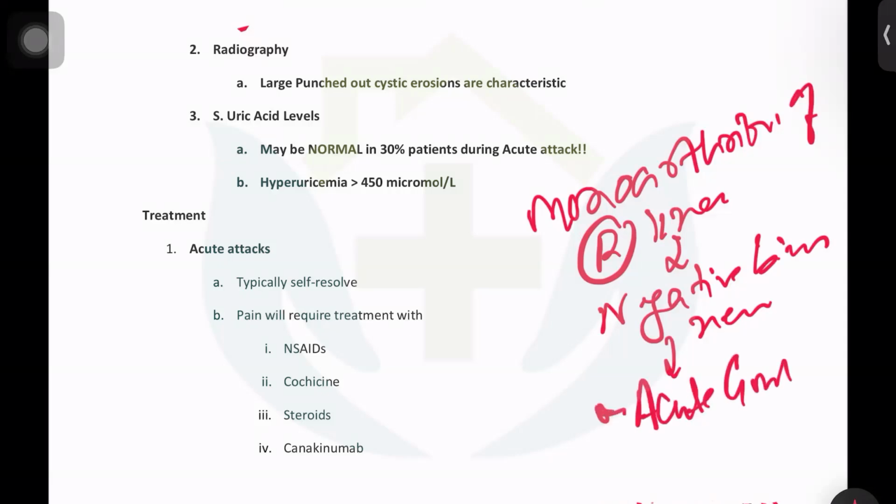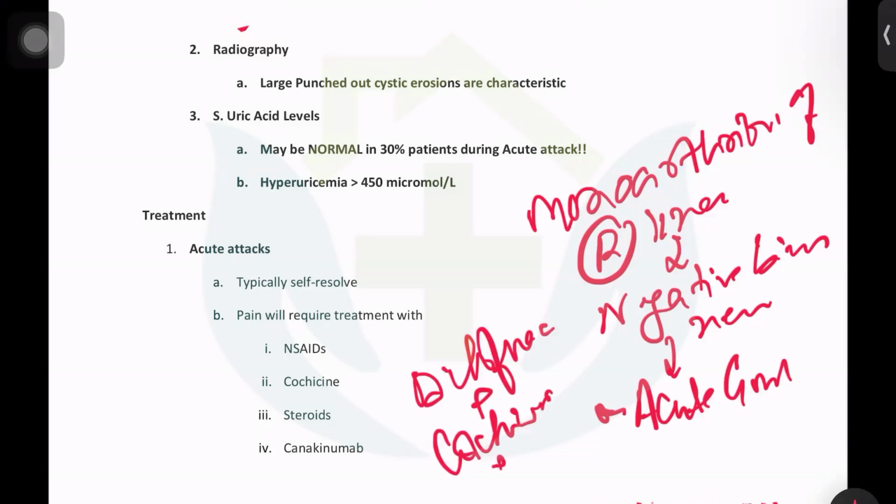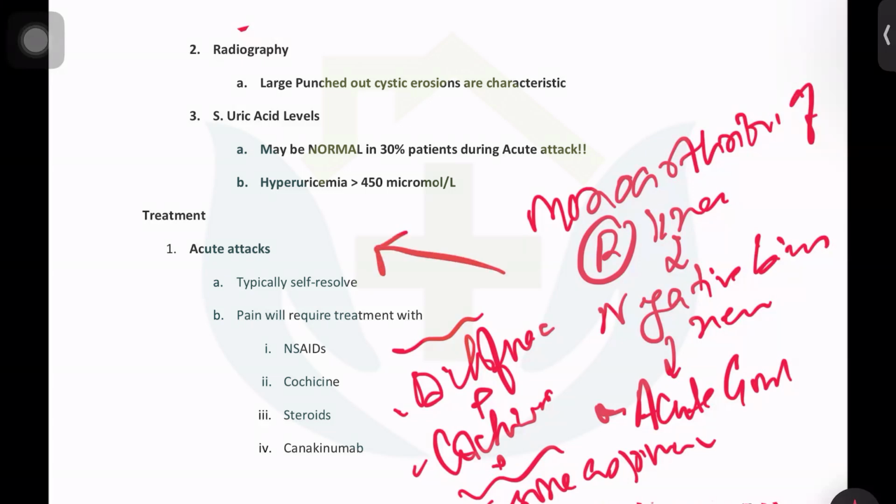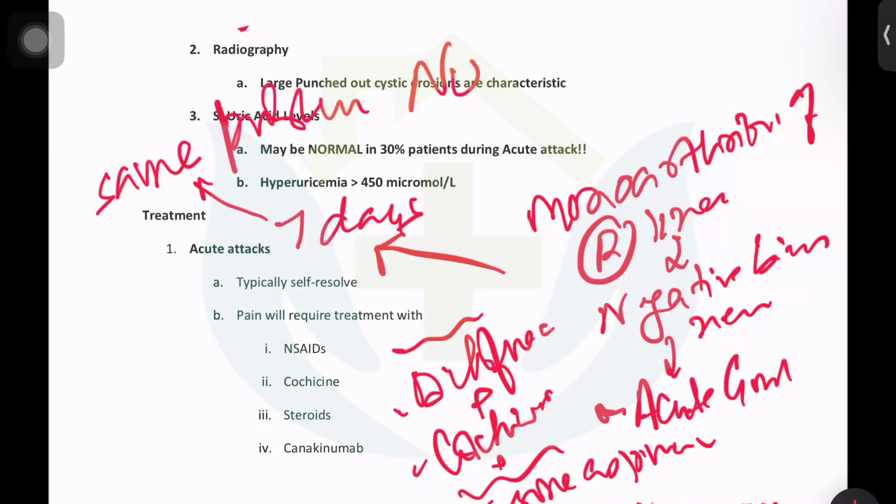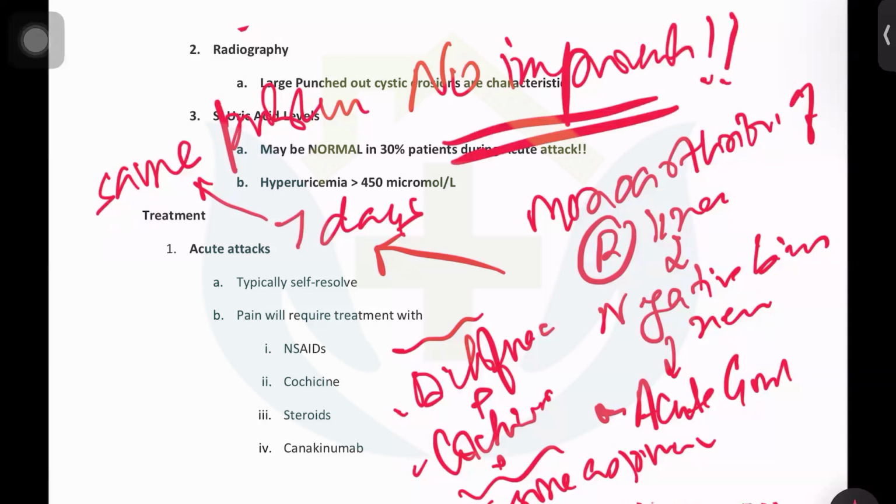The patient was started on diclofenac plus colchicine, and aspiration was also done. Very interesting question. Now, this patient comes back after 7 days with the same problem. No improvement. What are you going to do?